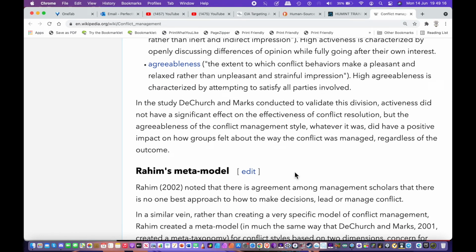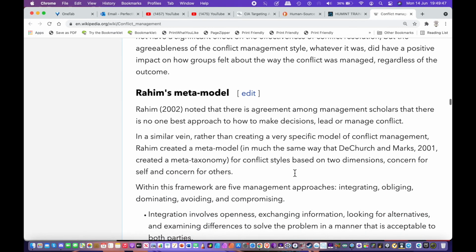In the study the Church and Marx conducted to validate this division, activeness did not have a significant effect on the effectiveness of conflict resolution, but the agreeableness of the conflict management style, whatever it was, did have a positive impact on how the group felt about the way the conflict was managed, regardless of the outcome.